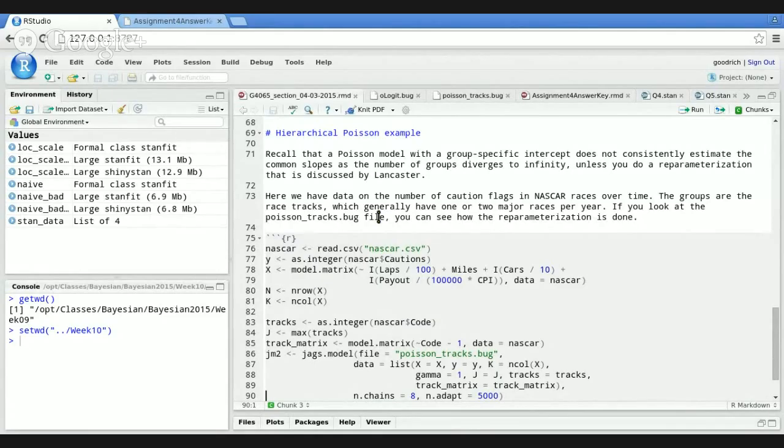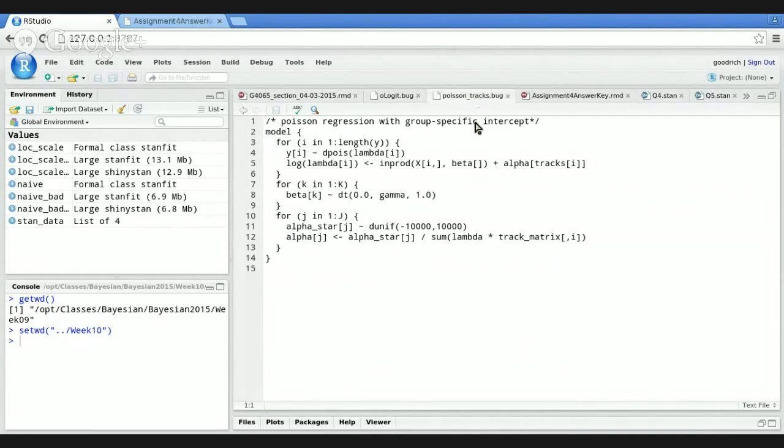But if we remember from Lancaster, you can't consistently estimate the group-specific parameters as the number of tracks goes to infinity, unless you do one of Lancaster's reparameterizations. And so that's how this would look, I think, with a Poisson model. So here we're saying the likelihood for the ith race is Poisson with parameter lambda.